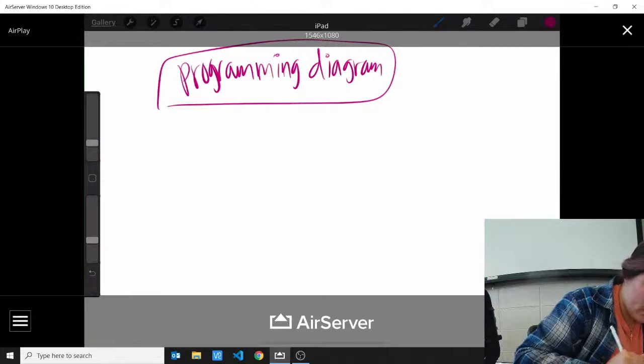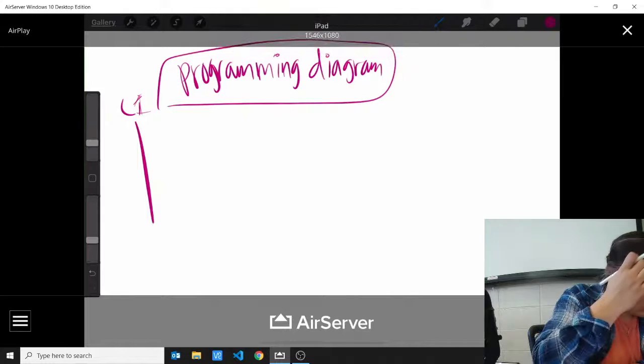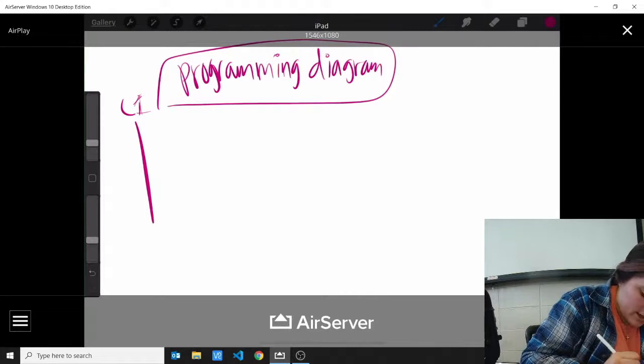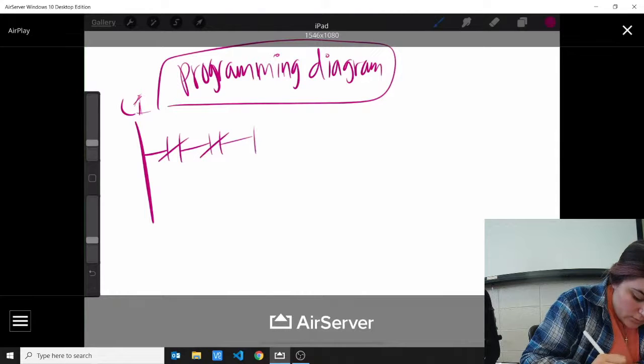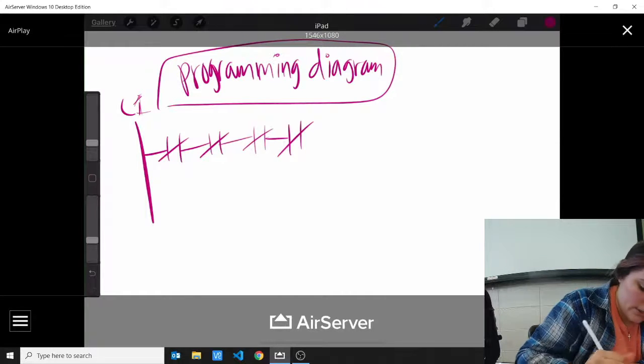So you'd have your line 1 over here. Then we would have a normally closed stop, a normally closed stop, a normally closed stop, and a normally closed overload relay.